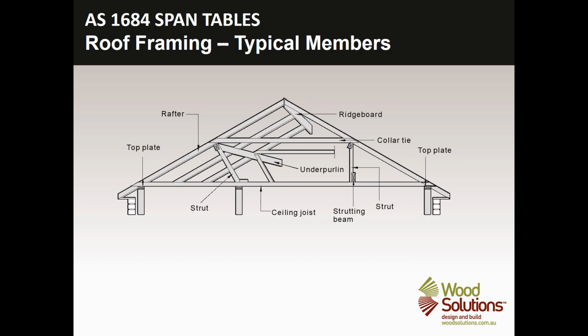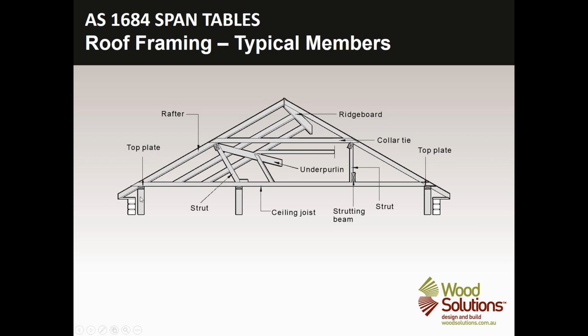So some more terminology again, a bit of a refresher. So our ridge board right at the top, our collar tie maximum 2/3 way up the rafter run. Got an underpurlin supporting rafters running from ridge through to fascia. Well, this building doesn't have a fascia, so show a fascia at the end of the rafters.